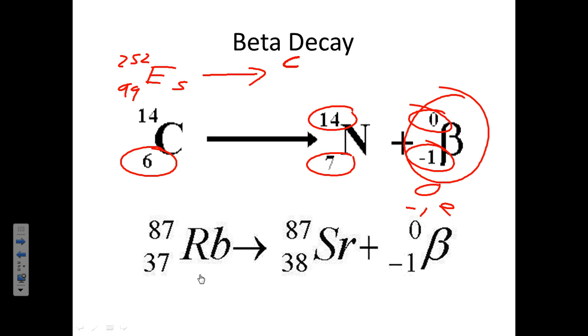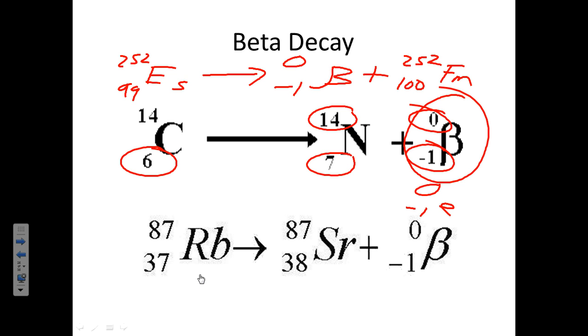Again, you know it's beta decay, so you write your beta particle. If this is 99 and that's -1, this has to be 100. If this is 252 and that's 0, this has to be 252. And then you look at the periodic table, and element 100 is fermium.